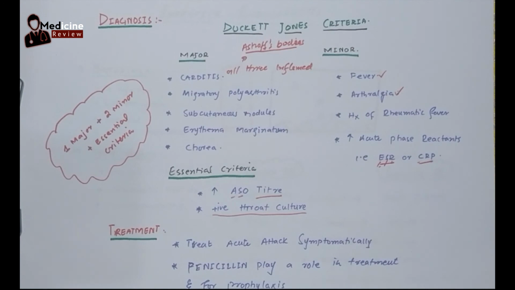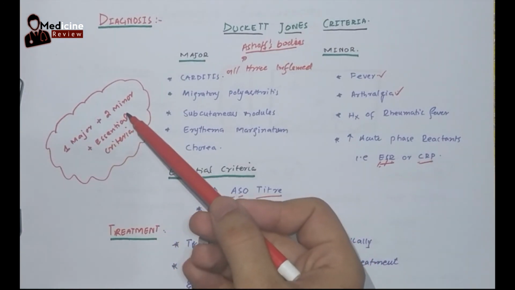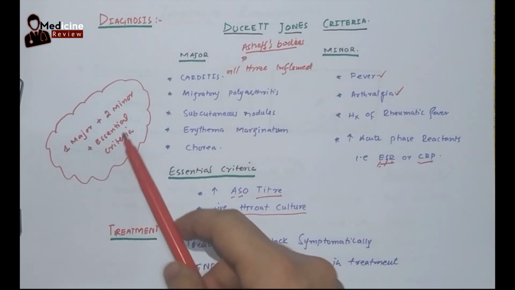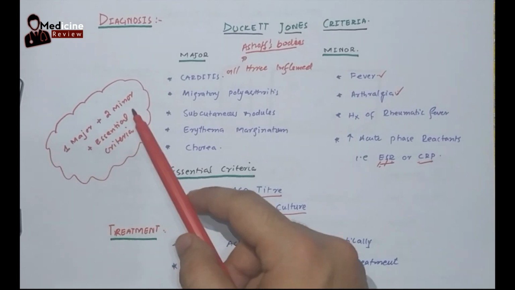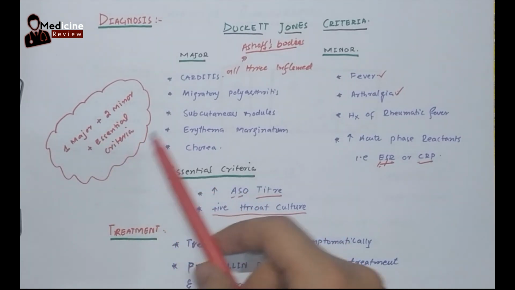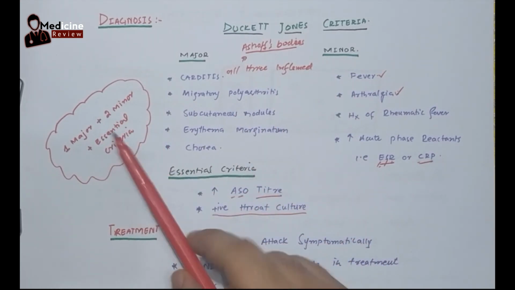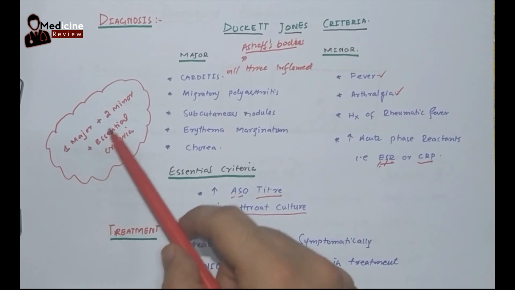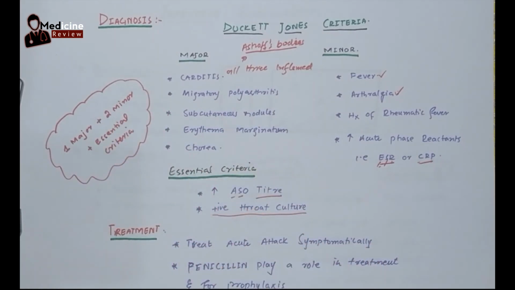If there is one major plus two minor plus essential criteria, this is the most standard one. But some will say two major, one minor plus essential, and some will say five minor plus essential criteria. But I still think this is important to remember: one major plus two minor plus essential criteria is the diagnosis of acute rheumatic fever.